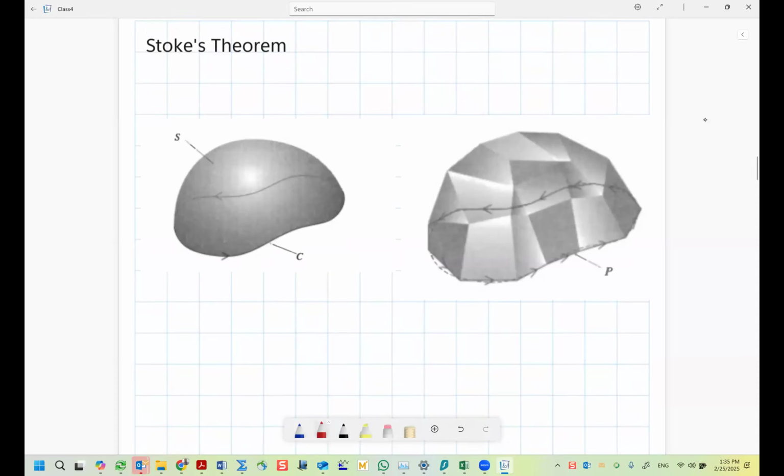You have a surface, and you want to know if in this path you have a curve, and you want to shrink this to a point.